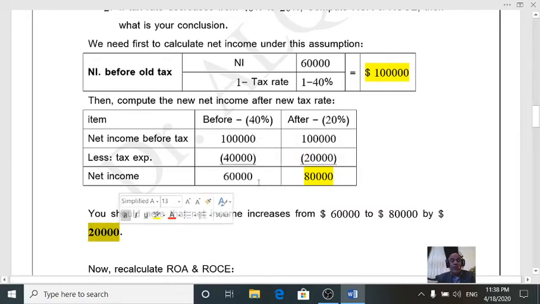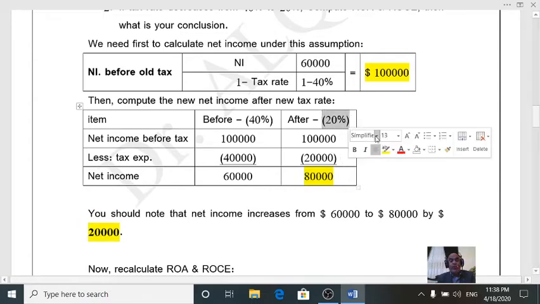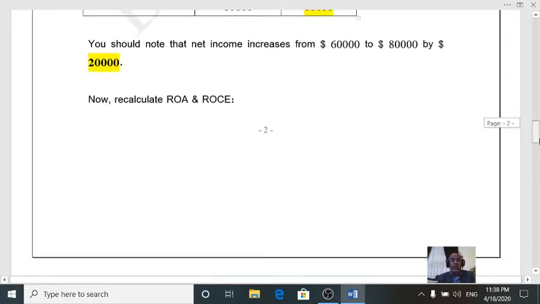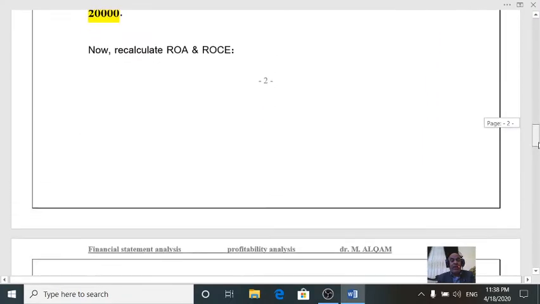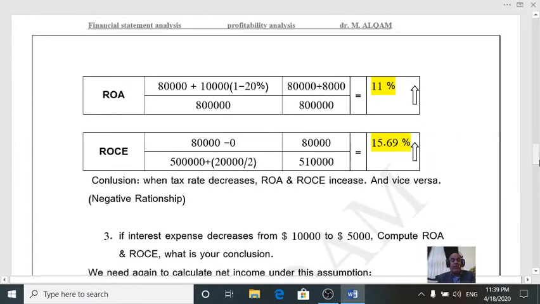Now we have a new net income and a new tax rate. Now we can calculate return on assets and return on common equity with the new findings. This is the new net income and this is the new tax rate.